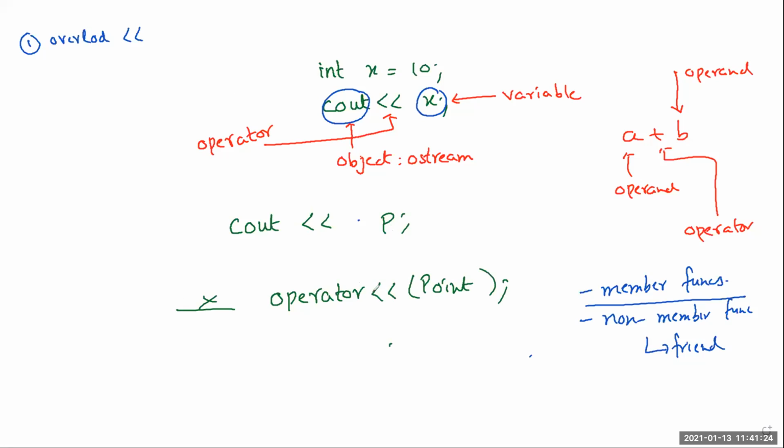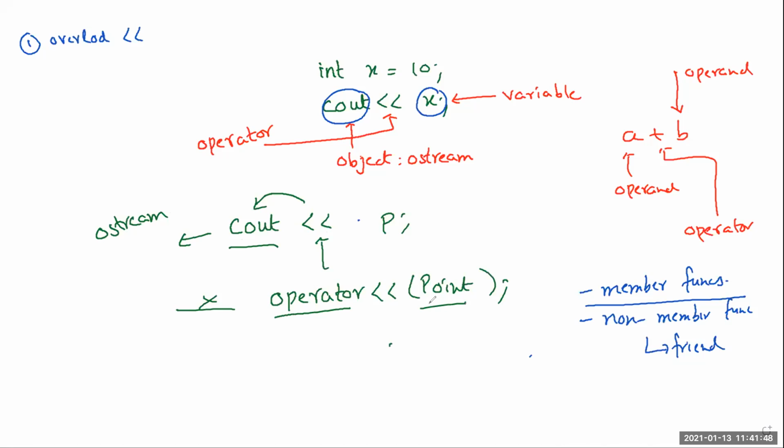Now, if I make this function, then in which class should I make this function? If you remember, I should make it in the class which is on the left side. What is on the left side? cout. cout is an object of which class? ostream. So if I want to overload an operator, this would be the name of the function.